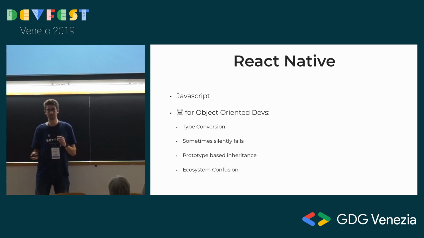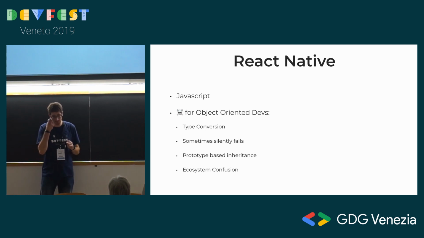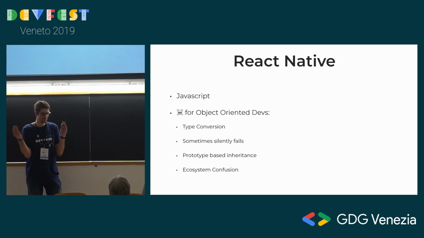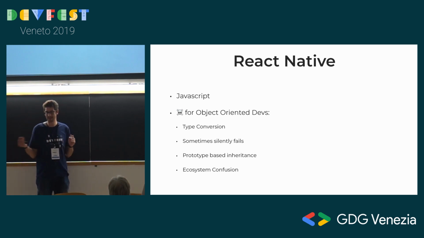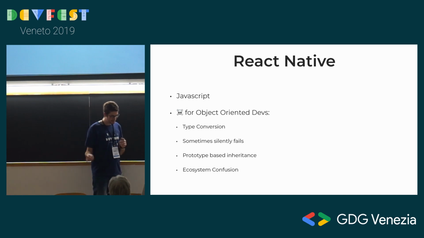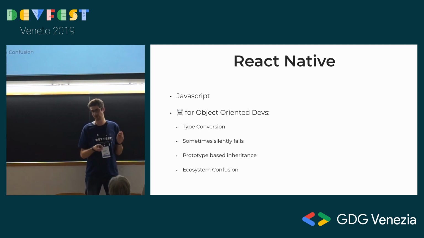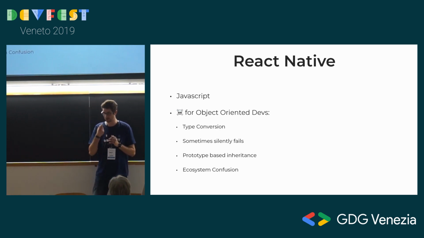For example, I took, I guess, 1 hour to figure out where the bug was. So please make a sign, explode, an exception, something, not silently fail. And another kind of issue can be the different prototype and the fact that there is lots of confusion in the ecosystem.